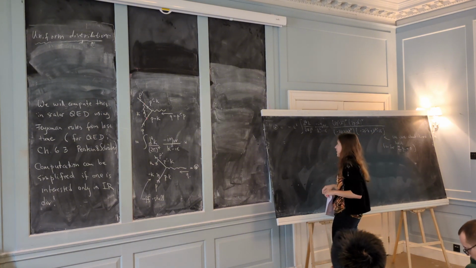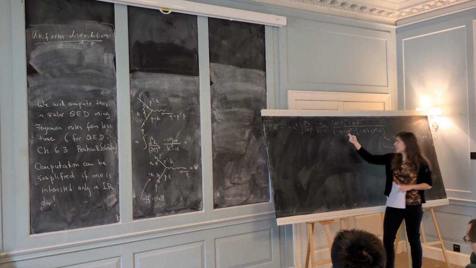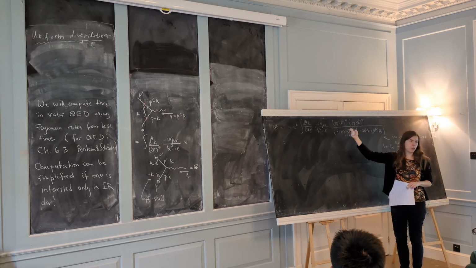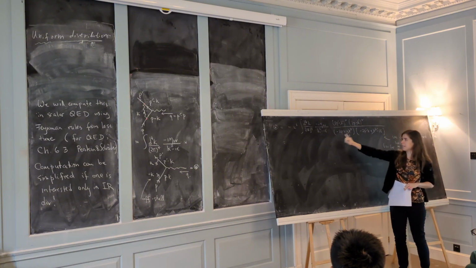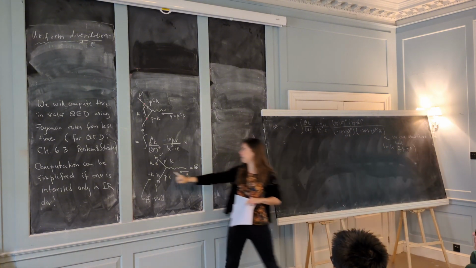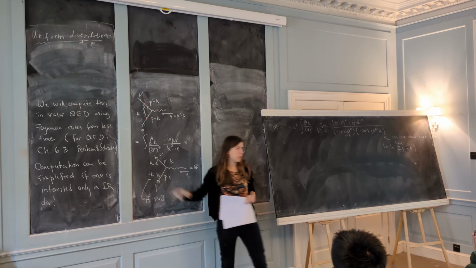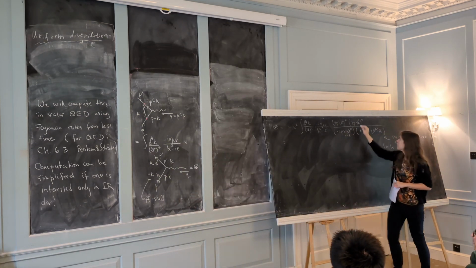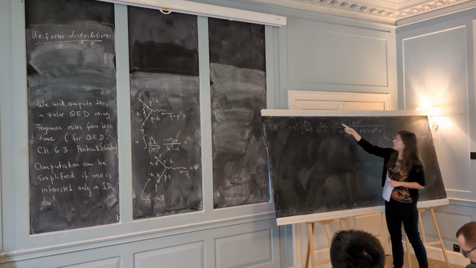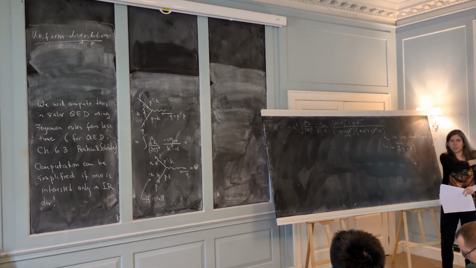But of course, we need to take care of those signs, especially for this K. So for the P's that are external lines, I'm not integrating over, so I can just keep them as they are. But for the K's, I'd better put in the difference between the fact that here I have an outgoing photon and here I have an incoming photon. So I'm going to account for that by basically flipping this sign. And also here, but it doesn't matter because there it gets canceled. Okay?